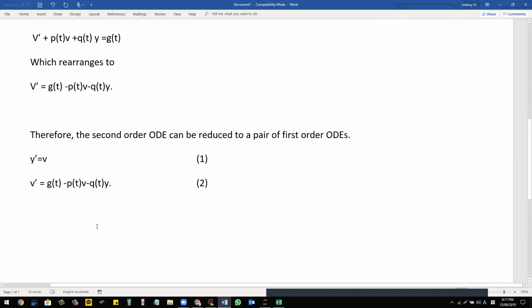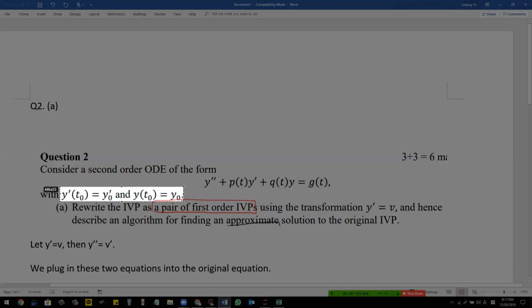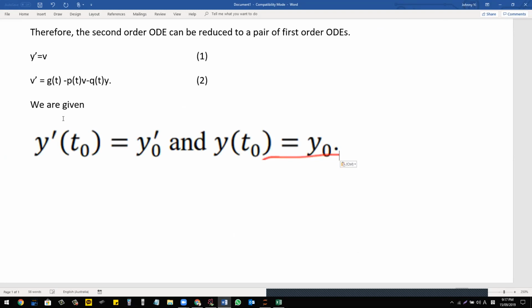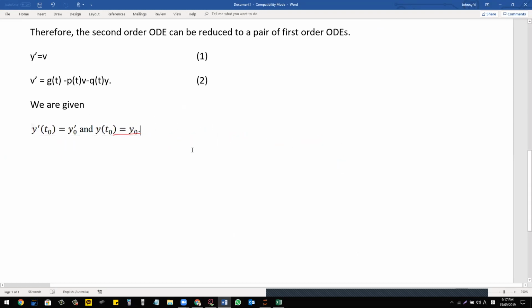So we are given these conditions, which can be rewritten as v of t naught equals, hold on.